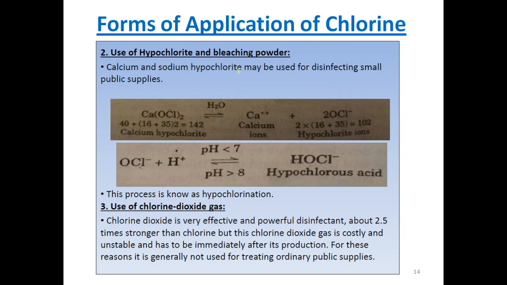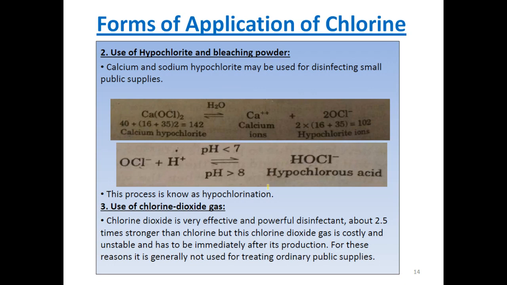When calcium hypochlorite is added to water, it reacts with water and calcium ions and hypochlorite ions are formed, and hypochlorite ions may further combine with hydrogen ions present in water. Here you can see the chemical reaction, and hypochlorous acid is formed. The process of chlorination with hypochlorites is known as hypochlorination.